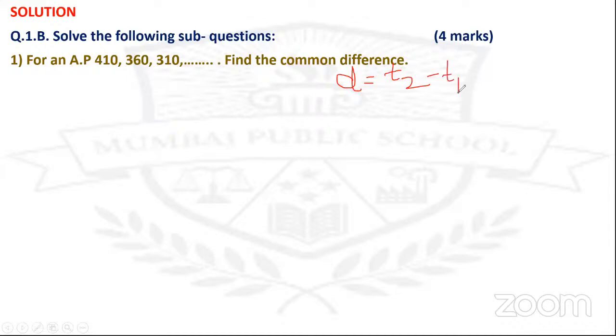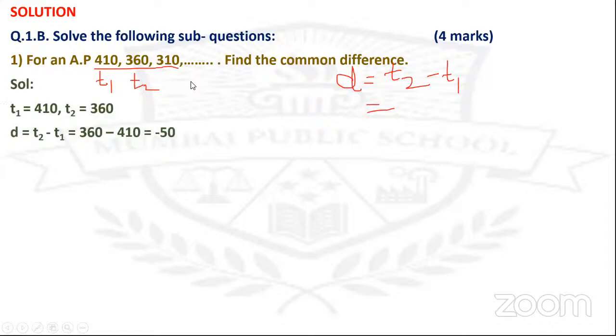What is the formula of common difference? T2 minus T1. So here, when you're looking at the AP, 410 is the first term, that is T1. 360 is the second term. So simply it is T2 minus T1. So that is 360 minus 410.